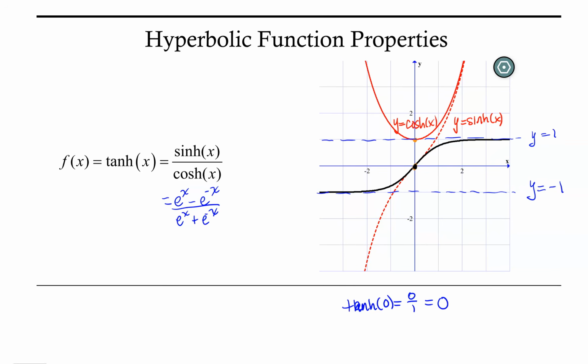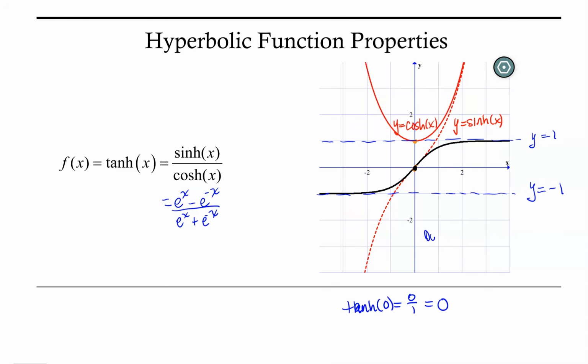The domain of the function is all real numbers, but we see that the range is bound between these two horizontal asymptotes. So the range will be from negative 1 to 1.